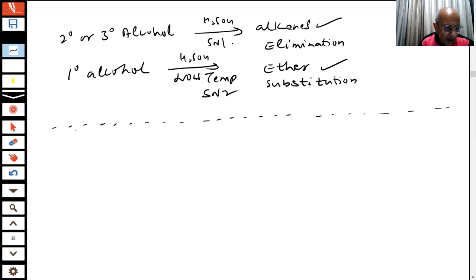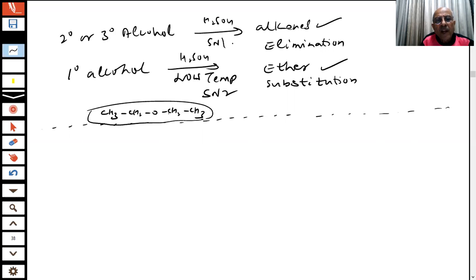Because the bimolecular dehydration is not appropriate, student, for the preparation of certain types of ethers. We have seen even ethyl methyl ether will be difficult to prepare. तो हम कैसे बनाएंगे इनको? तो देखो यहाँ पर ये ईथर तो बन गई थी, ये वाली ether we have been able to make. देख रहे हो? इसमें you can see both the groups are same on both the sides. दोनों ग्रुप क्या है? सेम. इसको क्या बोलते हैं? सिमेट्रिक ईथर.